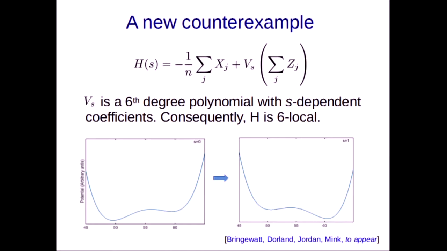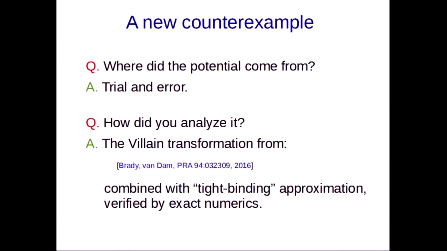So initially, the ground state is over here, and at the end, the ground state is over here, and somehow you have to, in the quantum case, tunnel across, and in the classical case, the walkers have to reproduce over here and die off over here to do this classical analog of tunneling. And so again, we analyzed this, and by tuning the parameters just right, we could get it to be the case that the eigenvalue gap in the quantum case was polynomial, but the tunneling time for the classical case was exponential.